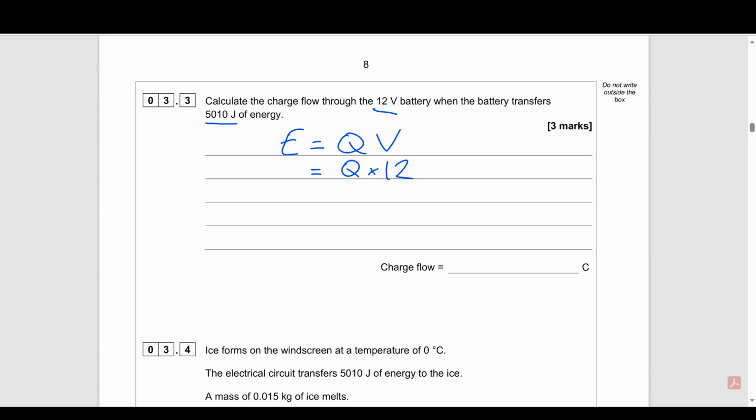And that will be equal to 5,010, which is our energy. So rearranging that now, that'll be 5,010 divided by 12. And that gives us an answer of 417.5 coulombs.